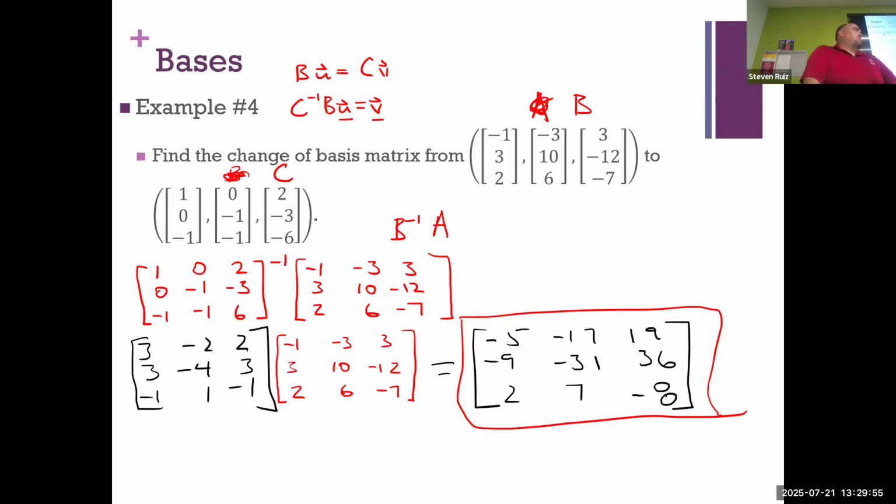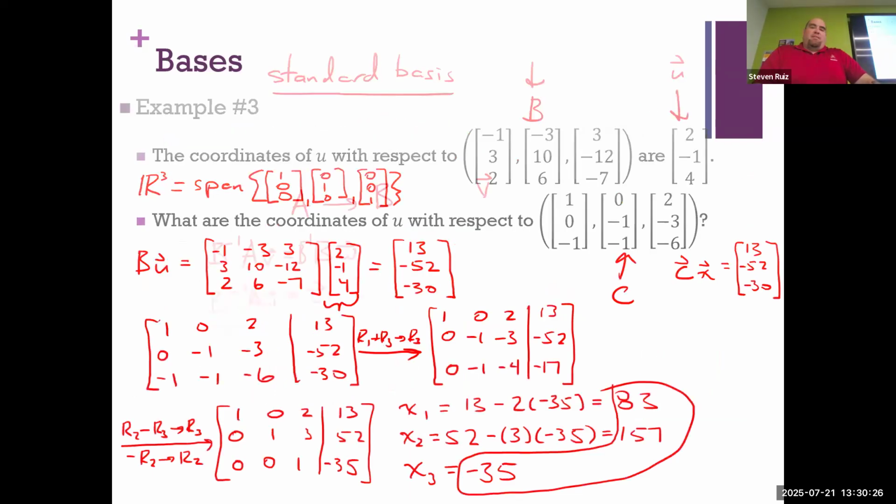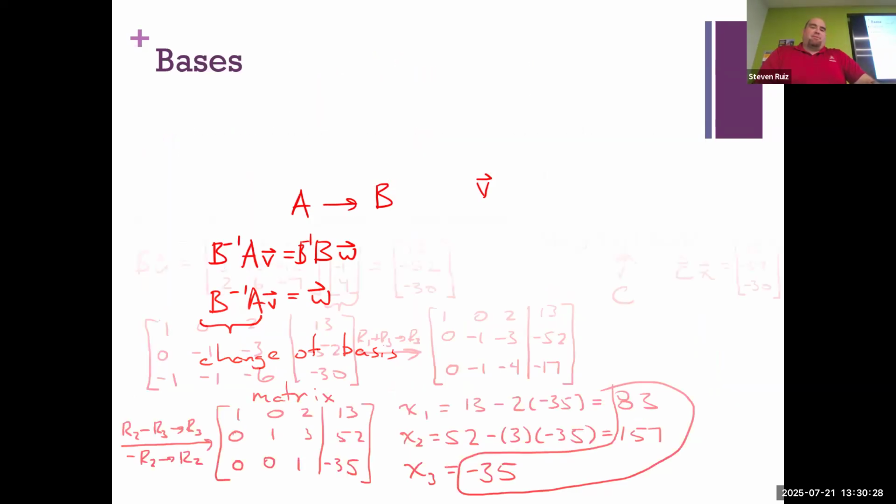What else? I don't want to rush over this. Go ahead. So you have the box there, like the B inverse of A. Where does the U come from? So on this slide, there is no such thing as U and V, because this is a general matrix that will translate any vector you want. In example 3, I threw a vector at you so we could build it up and see how it works. Let me go back to example 3.